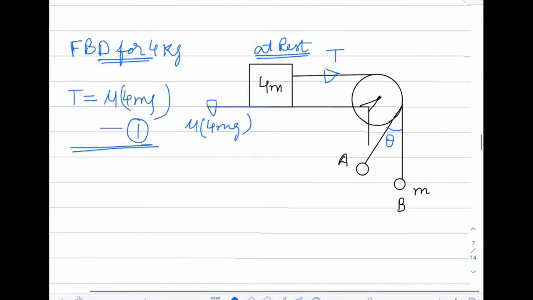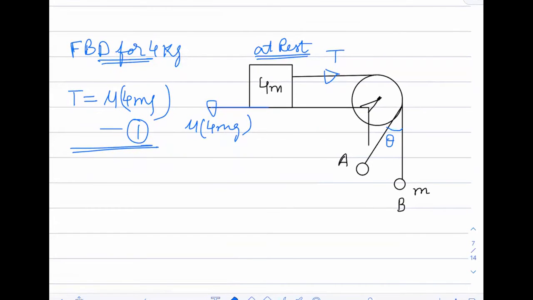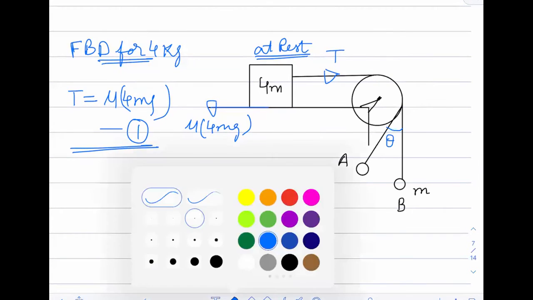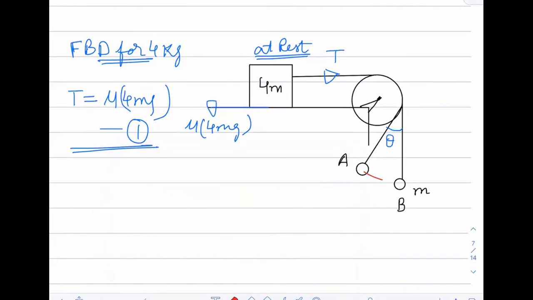Now if you check this question, the small mass m is doing SHM. If it is doing SHM like this, at points A and B, here the velocity will be v, here the velocity will be 0.